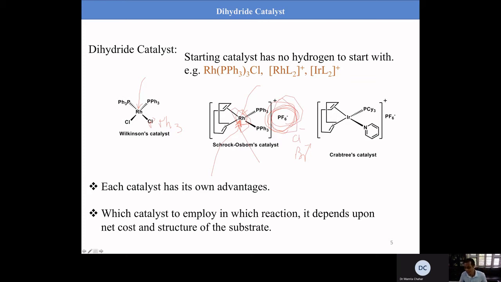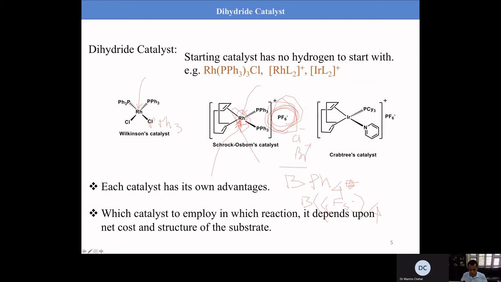Of course, you can take others, like BPh4 or BARF, B(C6F5)4, bulky anions, which are big counter anions and do not really bother the reaction in the coordination sphere too much.